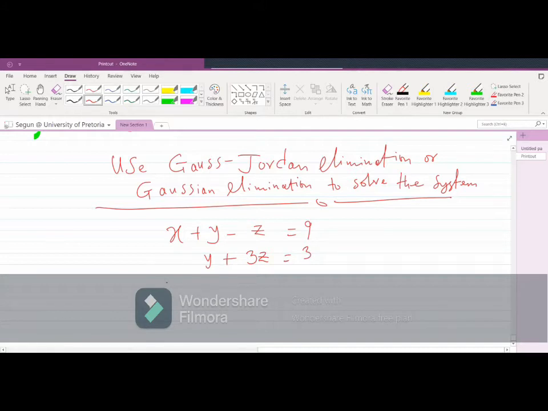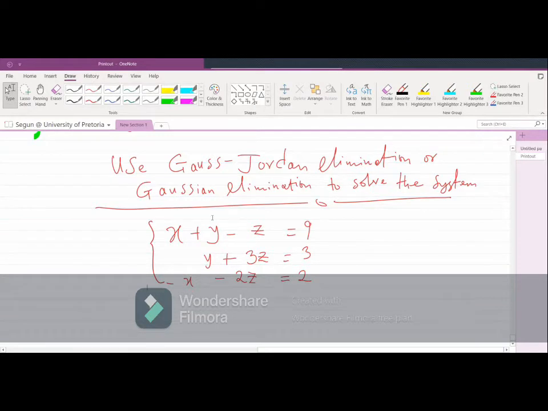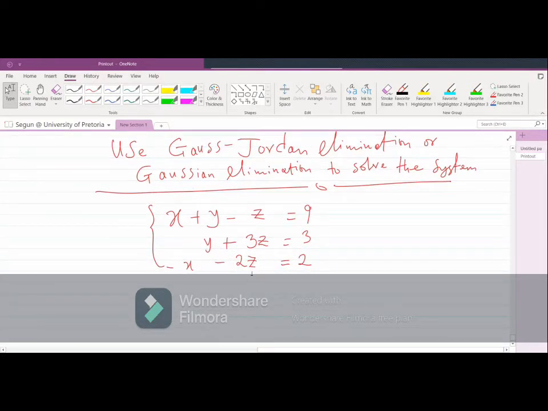Then minus x minus 2z is equal to 2. These are the system of equations we want to solve. So from here we can proceed.